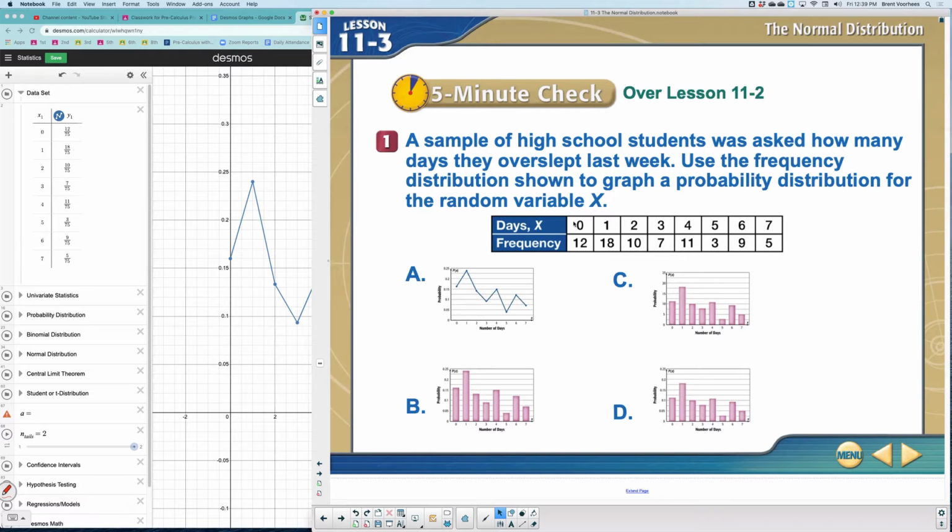I think I was reading that as minutes earlier, but this is how many days of the week they overslept, and you can't oversleep 1.5 days. So this one is out because it's continuous data, even though it looks like our graph. That's why this one is out.